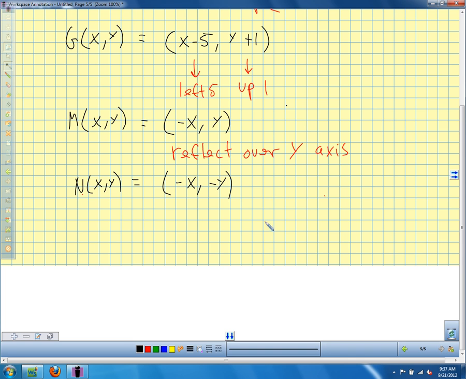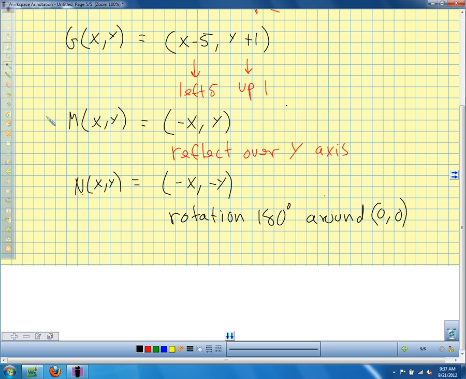And how do we describe it when we change the sign on both? It's a rotation 180 degrees around 0, 0. And a reflection across the x and the y turns out to be the same as a rotation 180 degrees around 0, 0. So either of those are perfect.